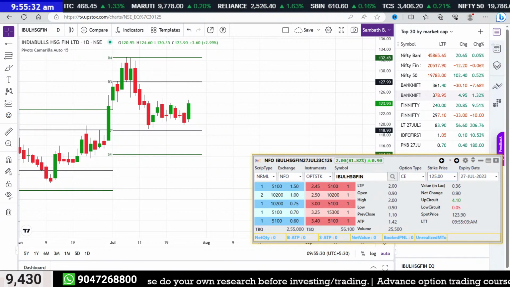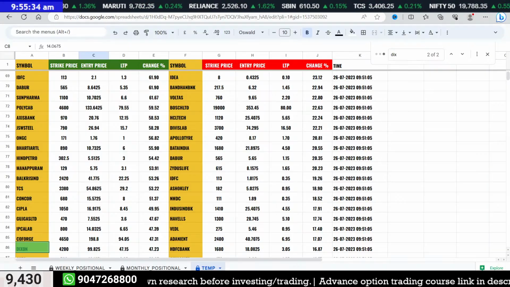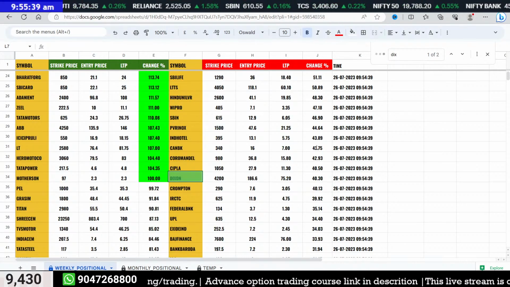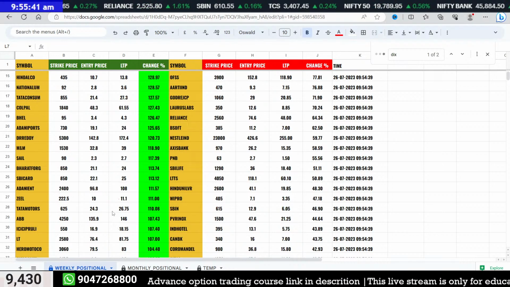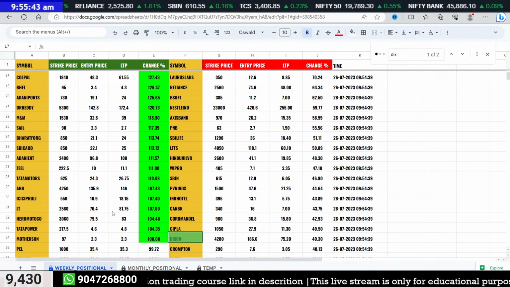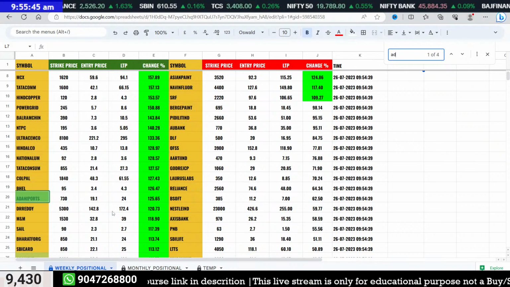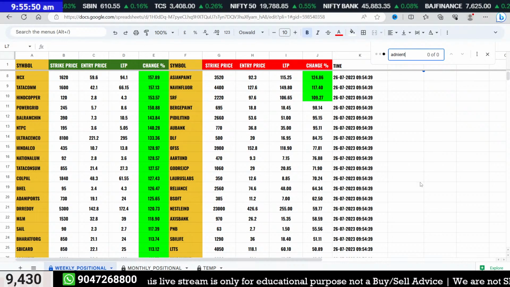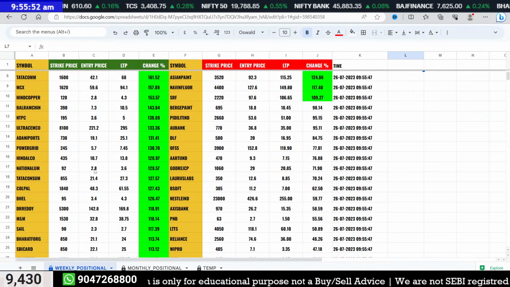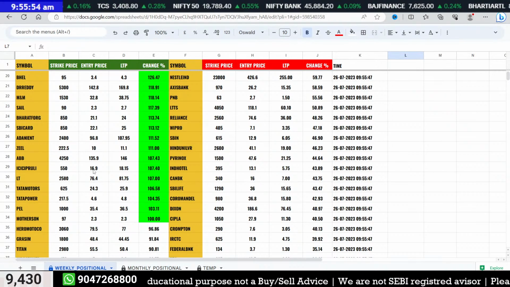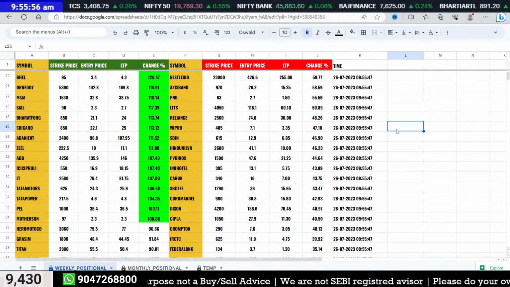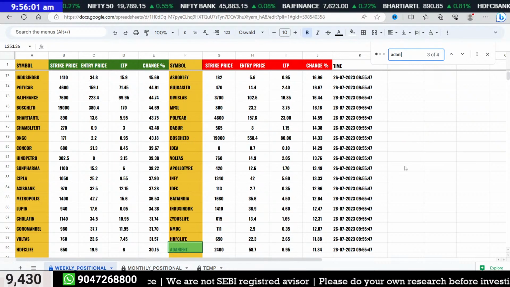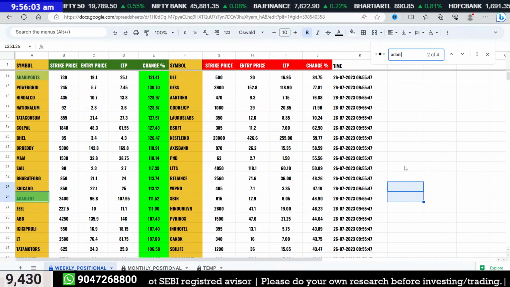Maybe Adani Enterprise around 75, which I'm seeing in the scanner. That is the stock we got in Adani Enterprise around 75, I think. Yeah, 96.